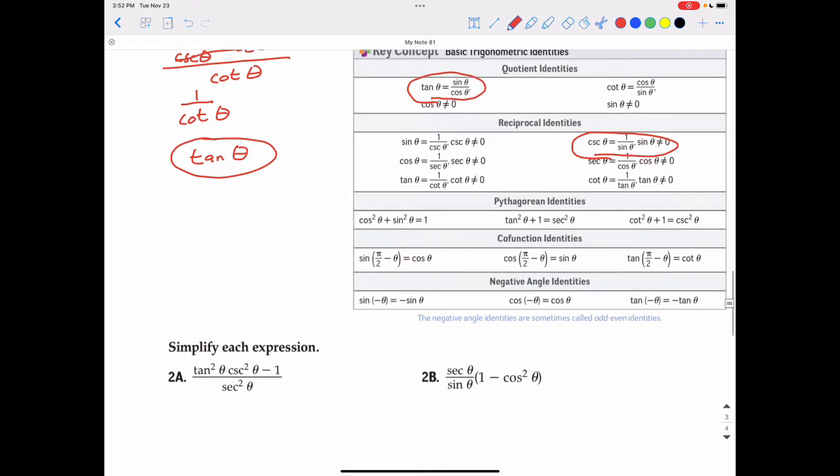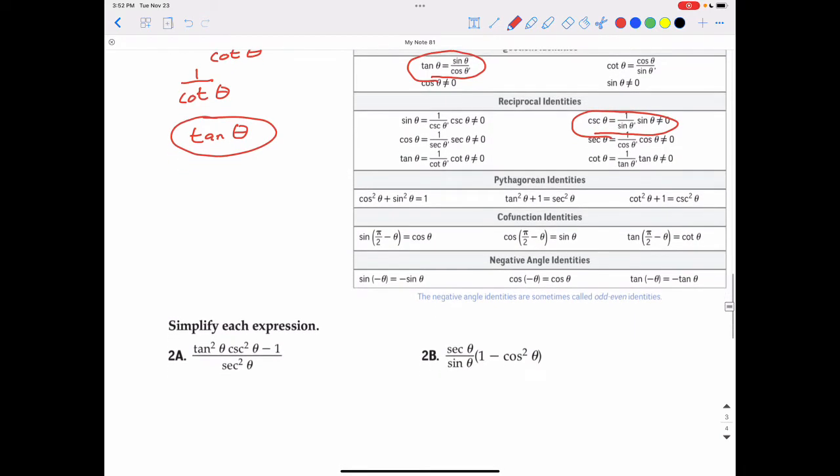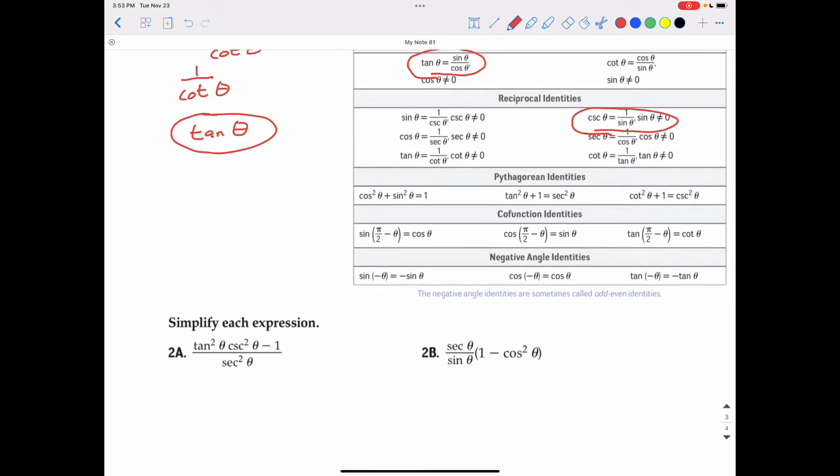I'm going to rewrite tangent theta as sine over cosine. And since it's tangent squared theta, I'm going to rewrite that as sine squared theta over cosine squared theta. That's going to be taken times the reciprocal function cosecant of theta.